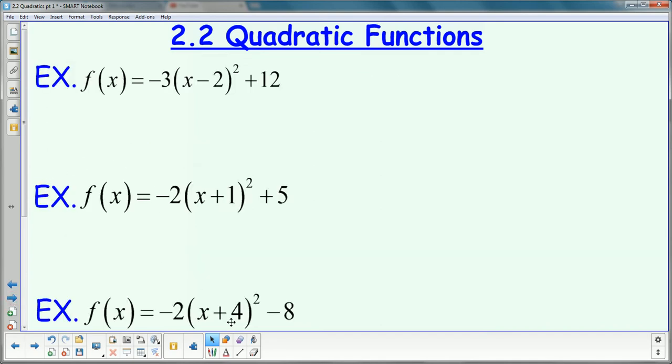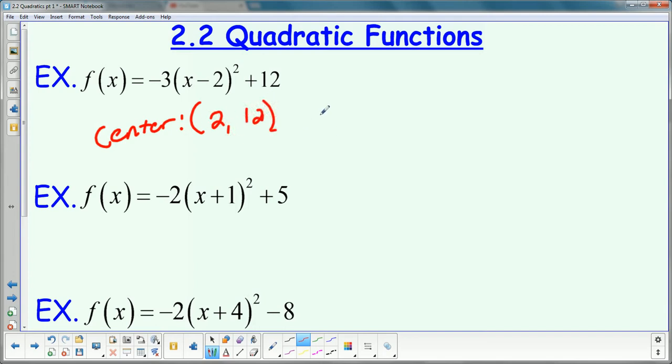So if we look at a couple examples here, if we want the center for this one, it would be 2, 12, and that means our axis of symmetry is x equals 2, and we know, because this is negative, that it opens down. Okay, our next one, our center would be -1, +5. Remember, it hates the sign.